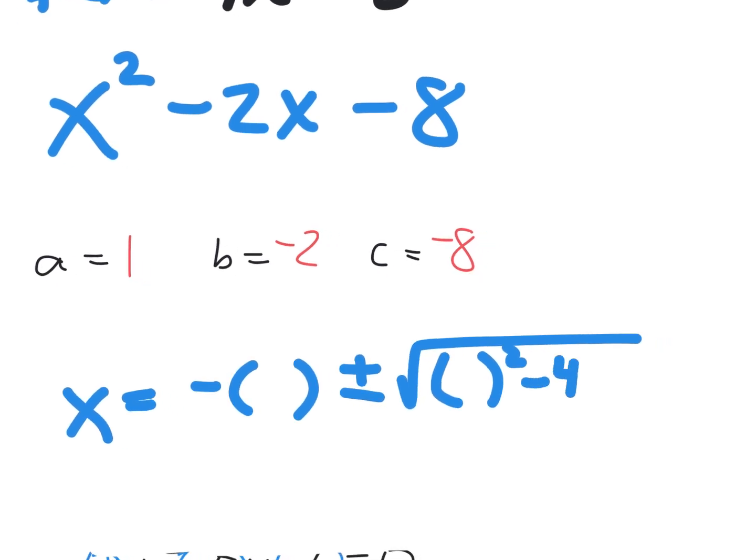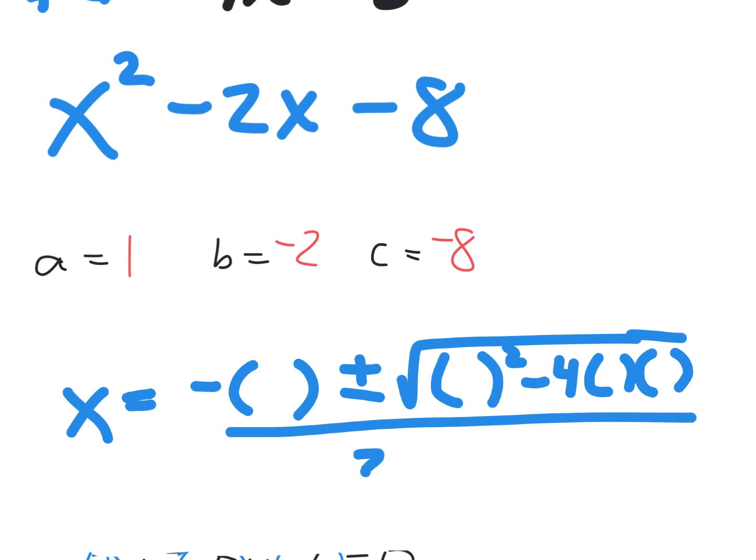Minus 4ac, and the a and the c are parentheses because they're empty spots where I can drop in all over 2a. See what I did there? Now, if you're not that good at it yet, maybe you should have put b, a, c all over a.